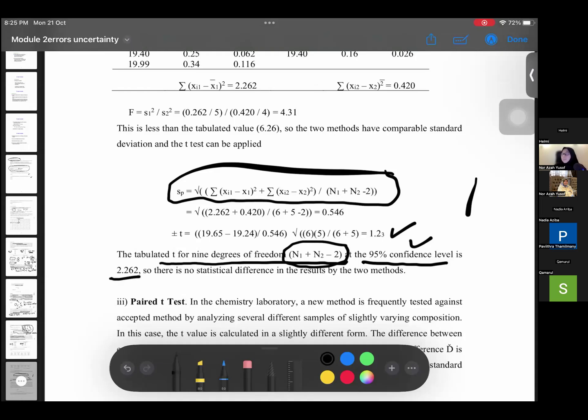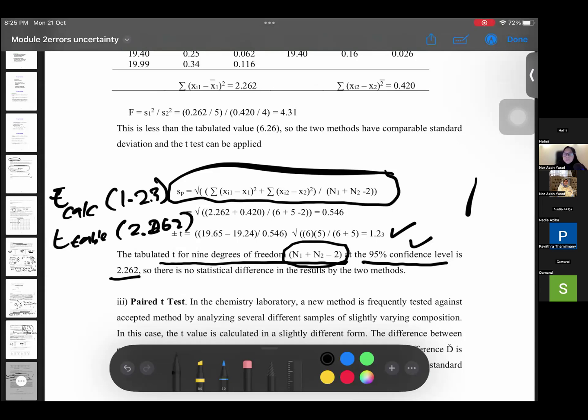Now, if you look at the comparison of T calculated, which is 1.23, and T from table, which is 2.262, T calculated is less than T from table.